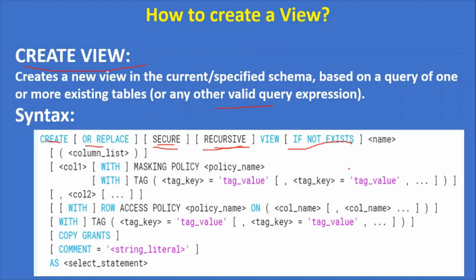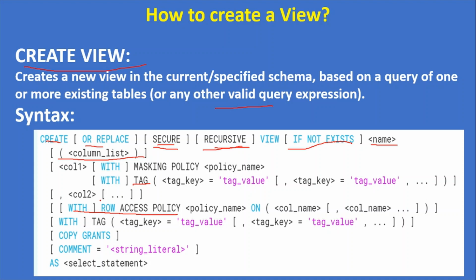Next is the name. This is the mandatory parameter where we have to provide the view name. Then the column list. After that, you can specify the masking policy on a column, and along with the masking policy you can specify the tag also. Then you can specify the row access policy, which is a new feature.